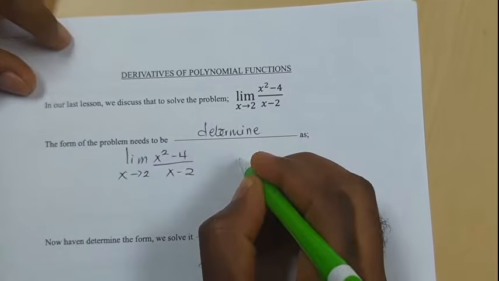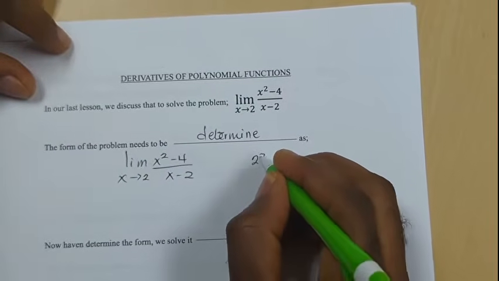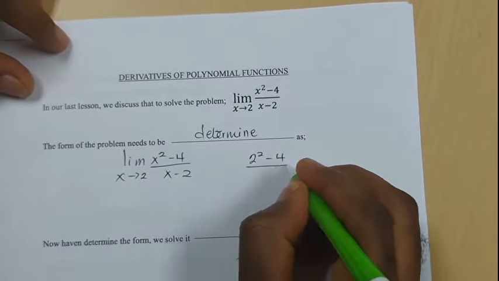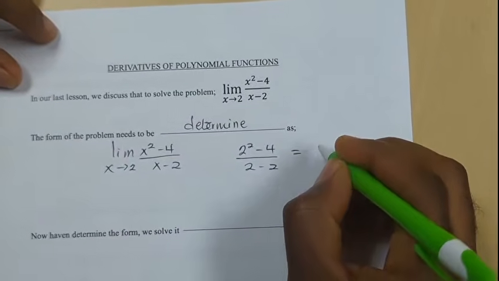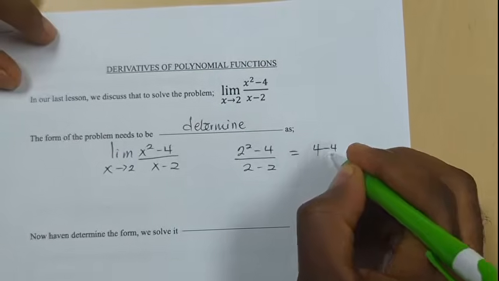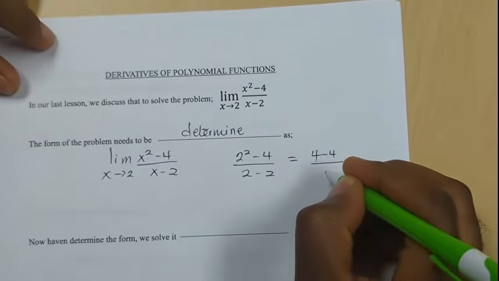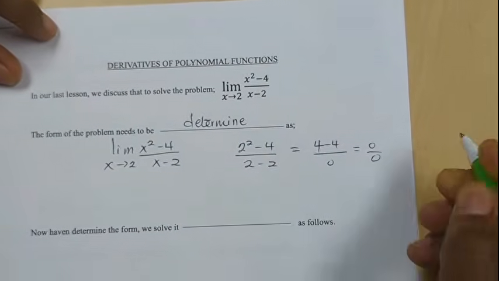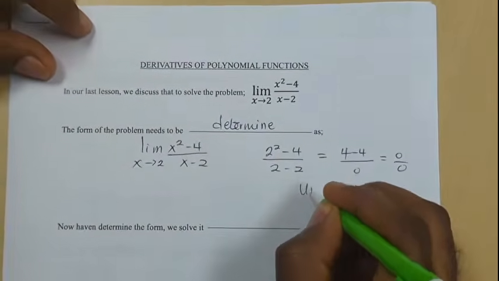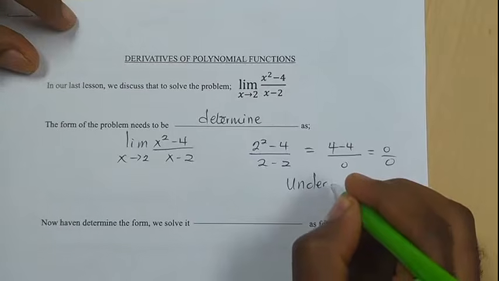Let's substitute 2 there. So we get 2 squared minus 4 all over 2 minus 2. And that will give us 4 minus 4 over 2 minus 2 is 0, and that will give us 0 over 0, and we say that this is an indeterminate form.